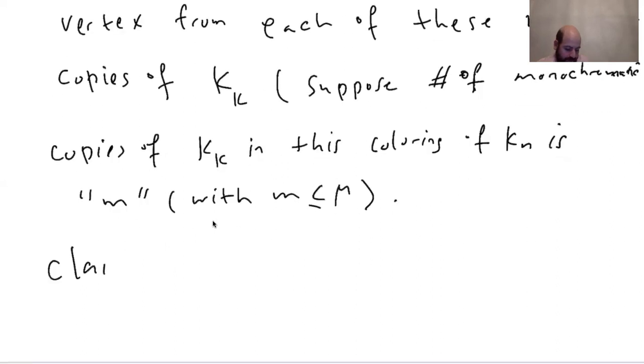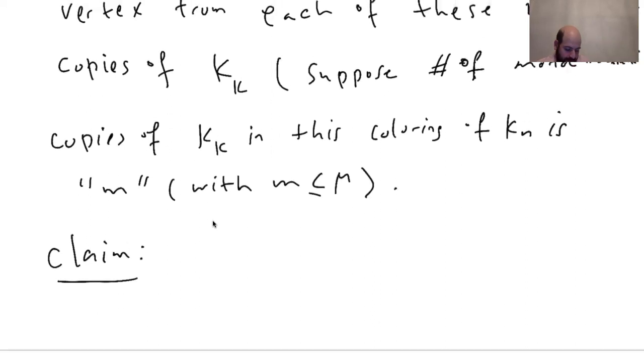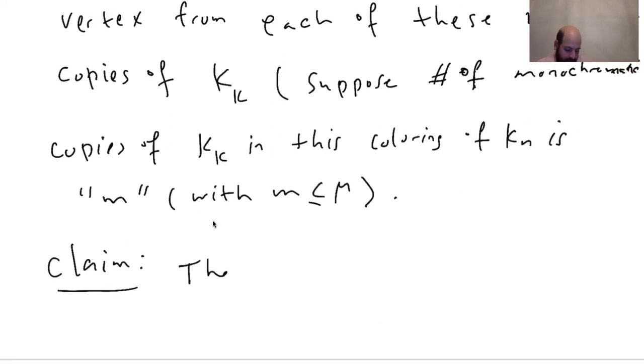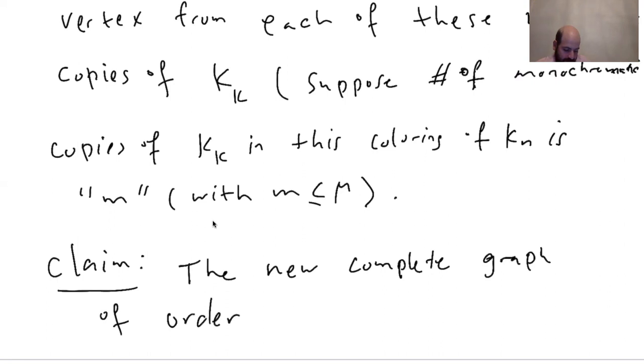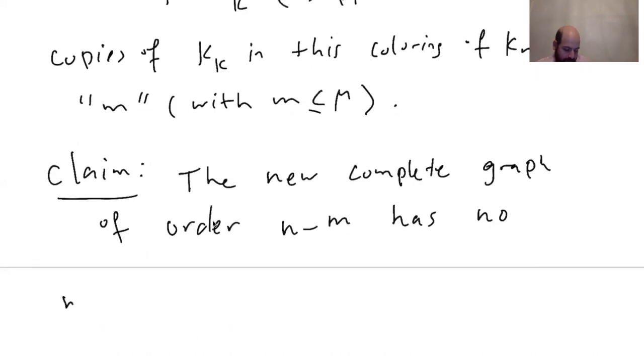Now the claim is that the new complete graph of order n minus m has no monochromatic copies of Kk.